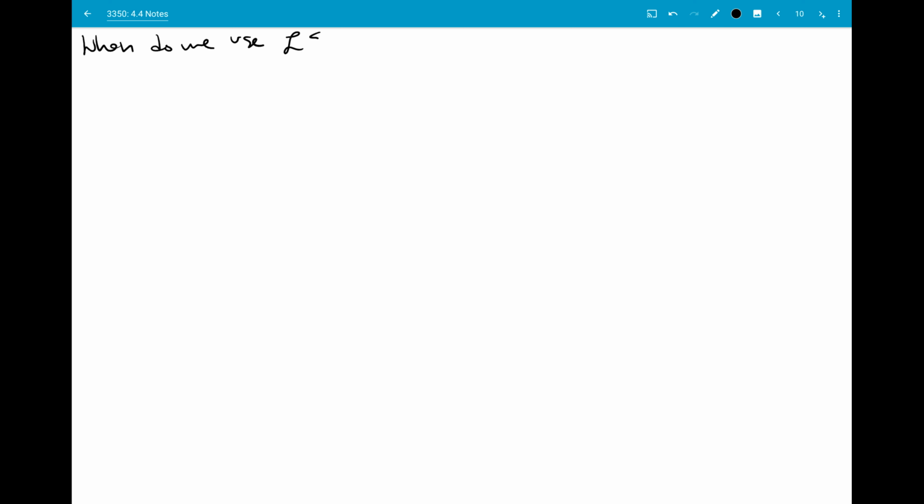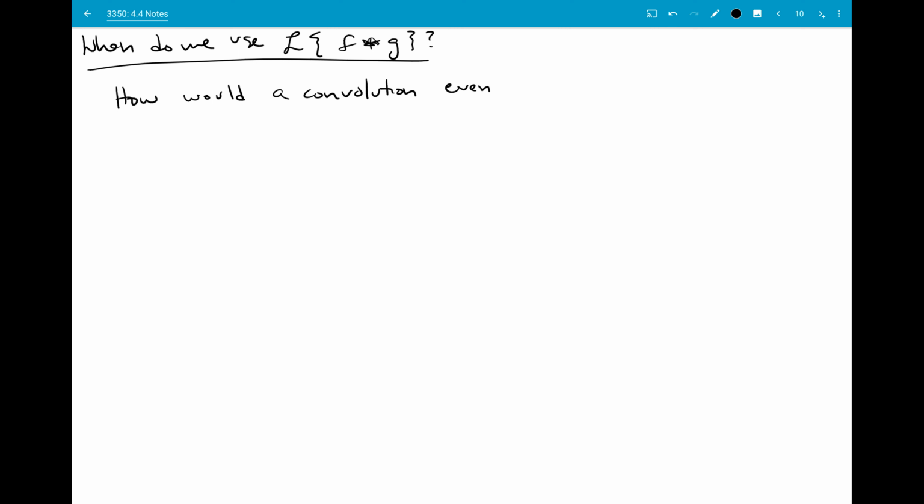So when would we actually use L of f star g? How would a convolution even appear in a differential equation? We're using these Laplace transforms to solve differential equations. So if you imagine that you'd have some L of f star g to deal with, it would be because you're looking at something like y double prime minus y prime equals f star g.